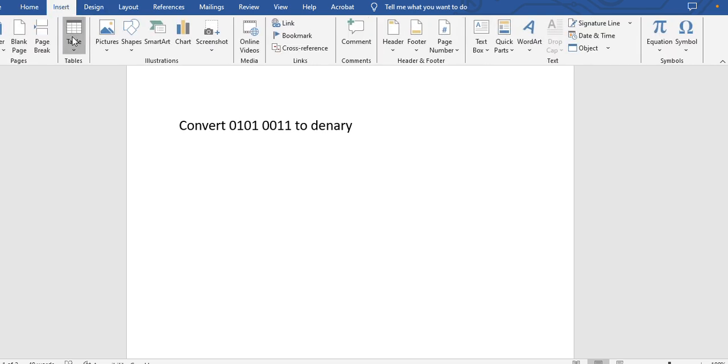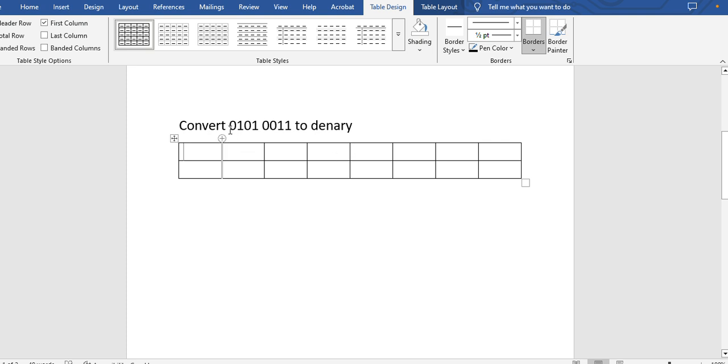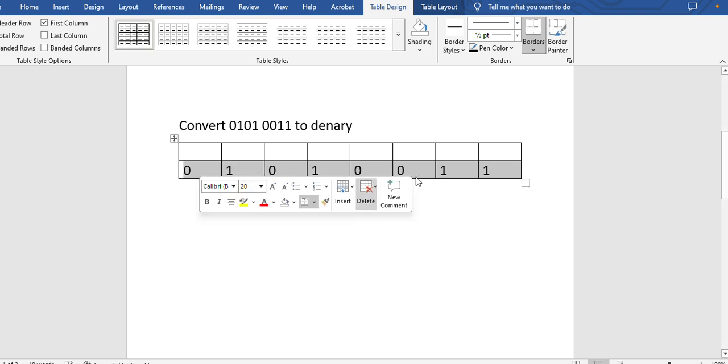Then you put the number in those columns, each digit taking its own column: 0, 1, 0, 1, 0, 0, 1, 1.